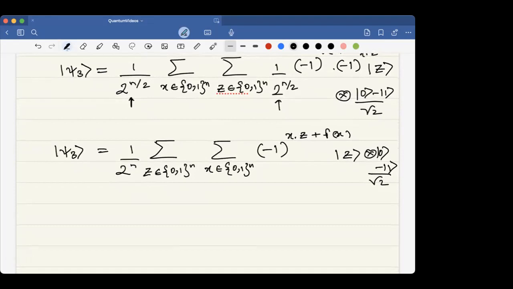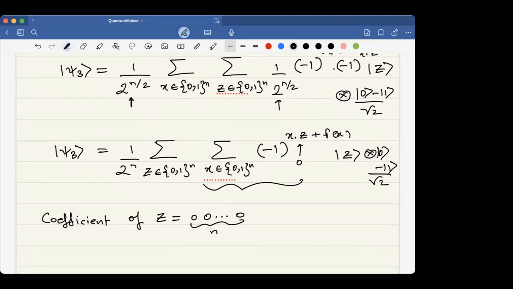But before we measure, let's look at the coefficient. In this inner summation, we want to look at the coefficient of z equal to all zeros, so 0, 0, 0, n times. If I put z equal to 0, I'll get 0 over here.